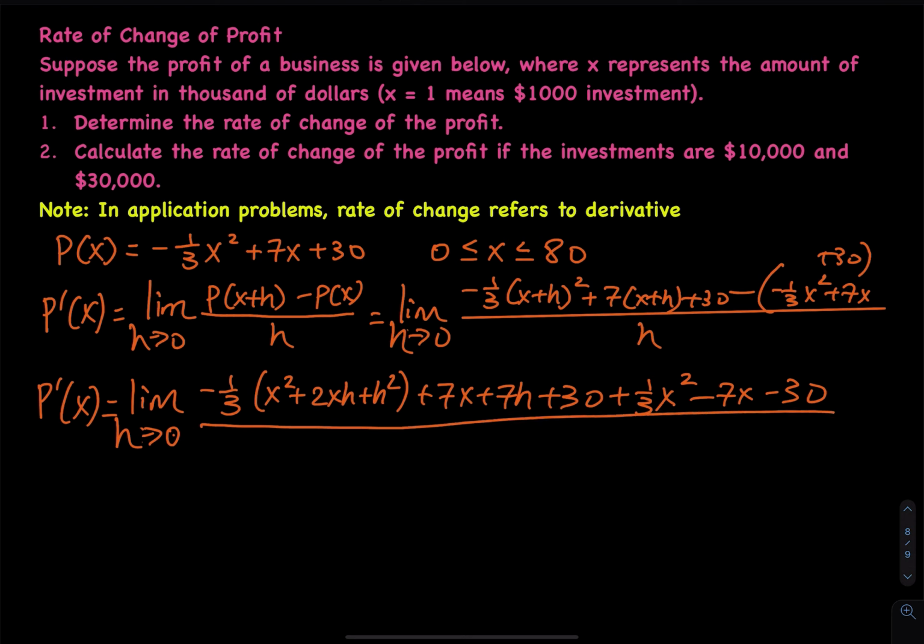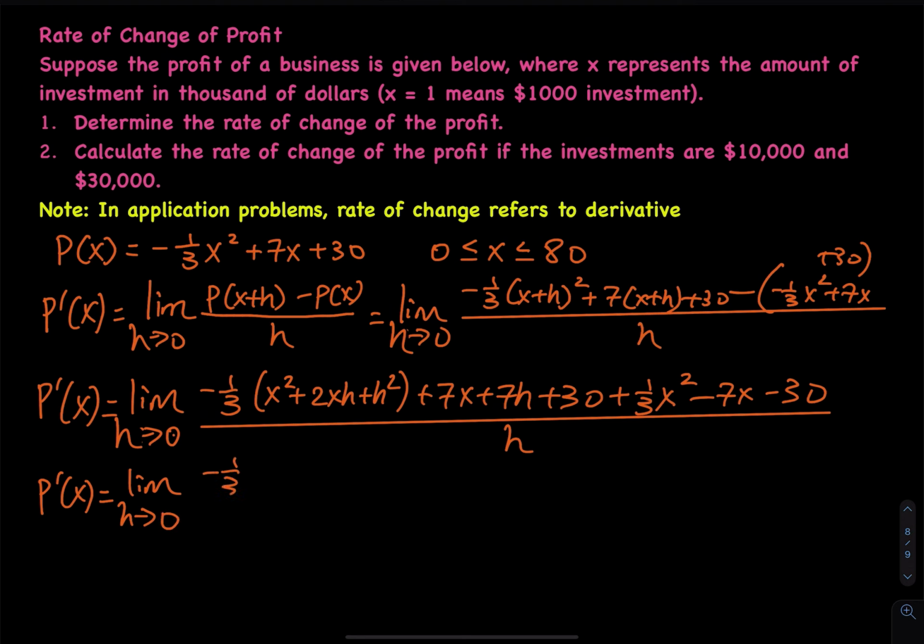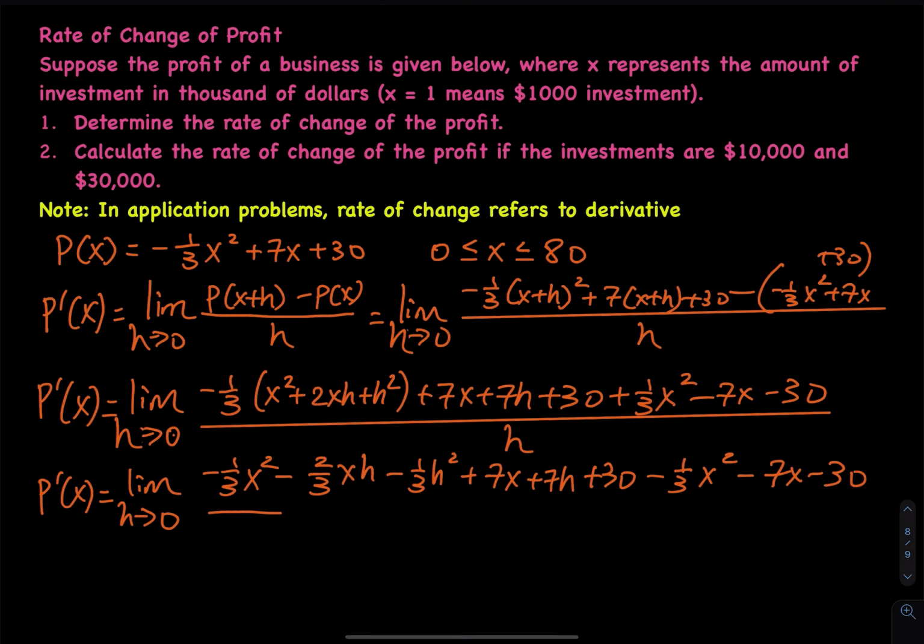Draw a line, divided by h, and then distribute the 1/3. So that is the limit as h approaches 0 of negative 1/3 x squared minus 2/3 xh minus 1/3 h squared plus 7x plus 7h plus 30 plus 1/3 x squared minus 7x minus 30, and then we will do a bunch of cancellations.